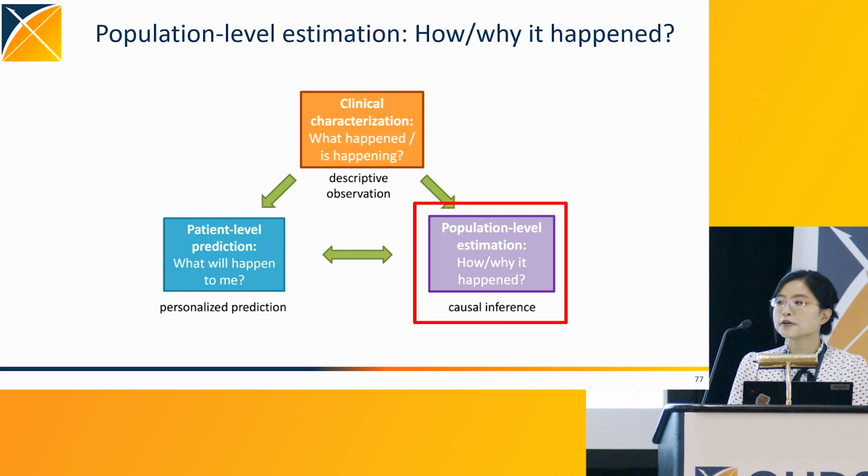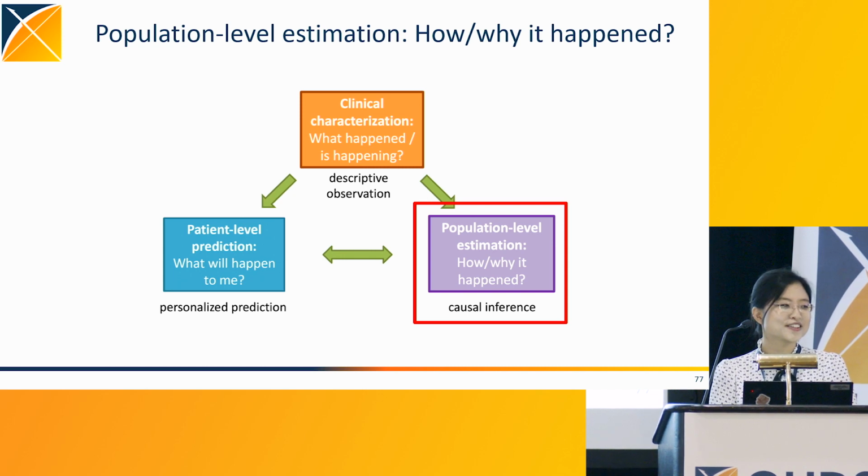So finally, I'm gonna talk about population level estimation. As I already introduced, population level estimation is about getting to understand how and why something happens. So if you guys have heard of causal inference before, then this is pretty much doing causal inference using real world data.